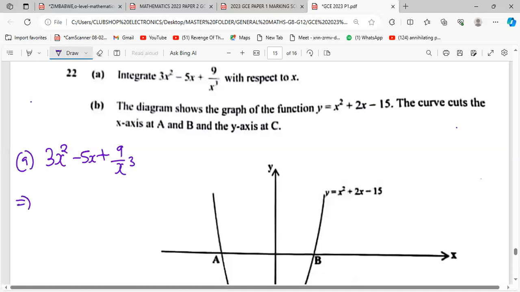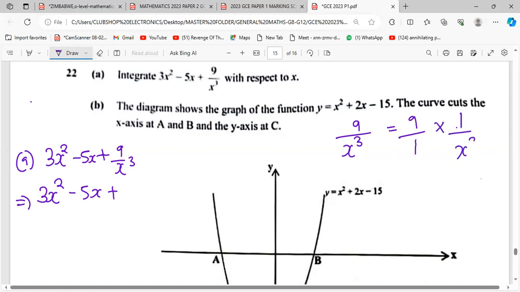First, you can get rid of the fraction. 9 over x to the power 3 is the same as 9 times 1 over x to the power 3, which is 9x to the power negative 3.